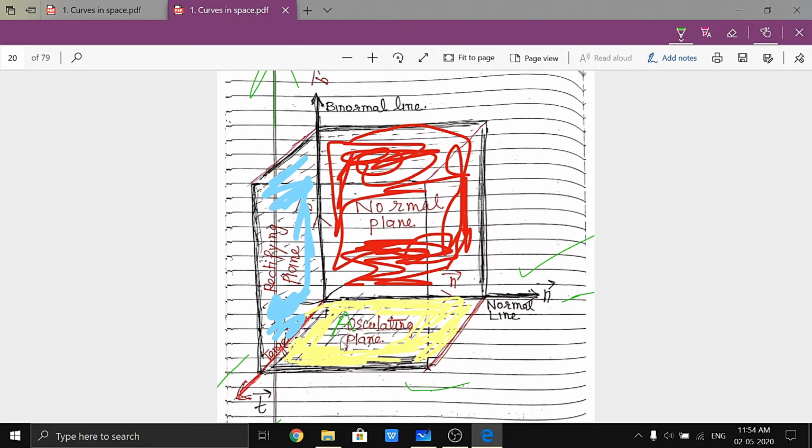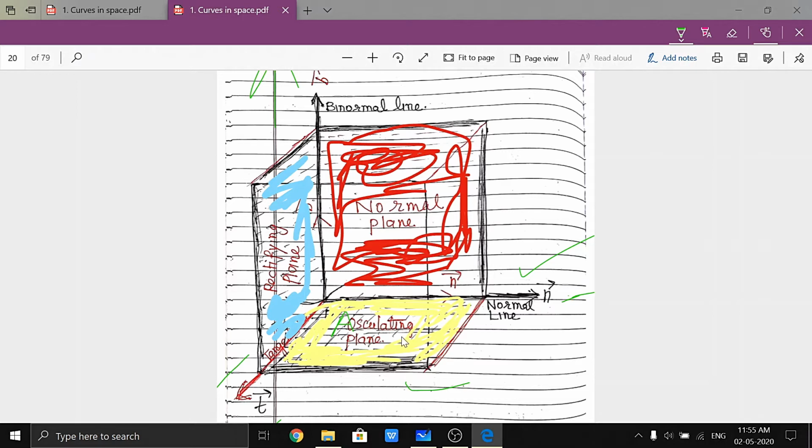The osculating plane contains the principal normal vector and the unit tangent vector. What is the definition of the osculating plane?